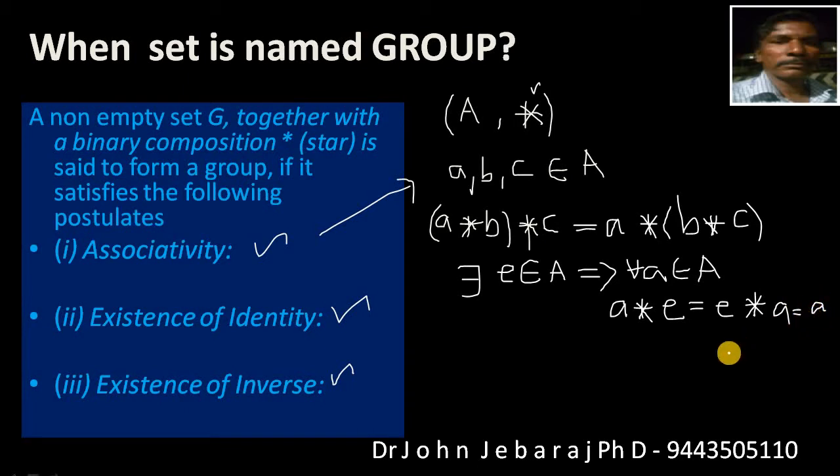So what you understand is that if you take any element and operate it with this particular element by this binary operation, we get the same element A. If there exists such an element E, it is called an identity element.